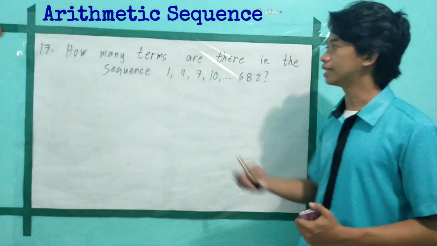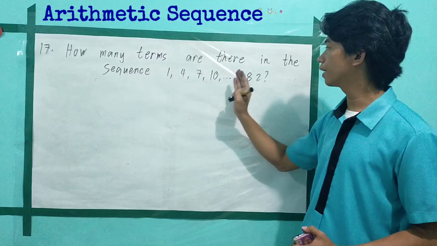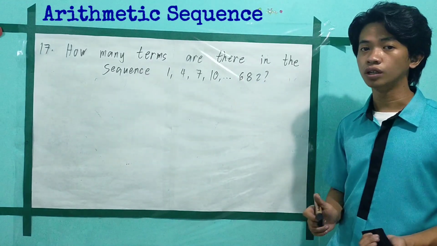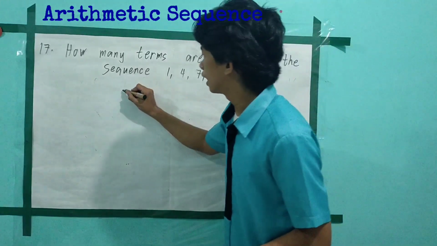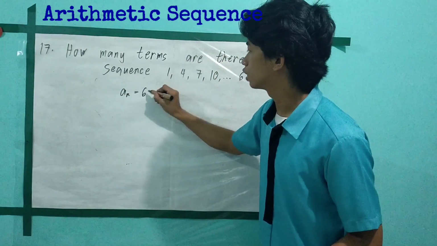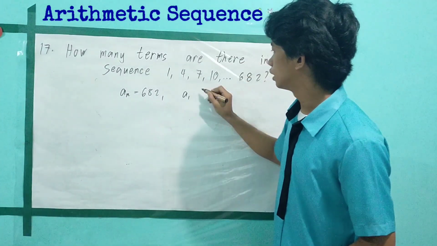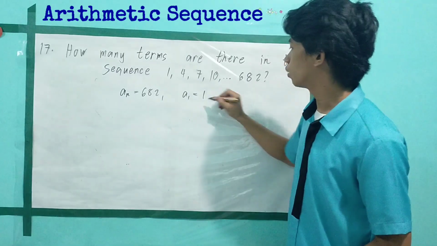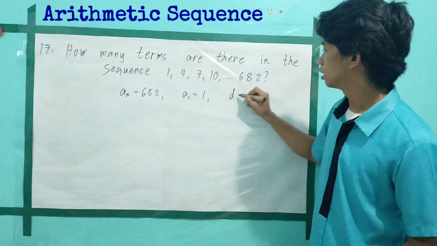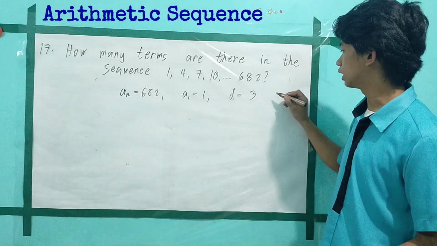Problem number 17. How many terms are there in the sequence 1, 4, 7, 10, ellipsis, up to 682? So, kunin natin, a sub n, we have 682. Our a sub 1 is equal to 1. Common difference is equal to 3 or 4 minus 1, 3.